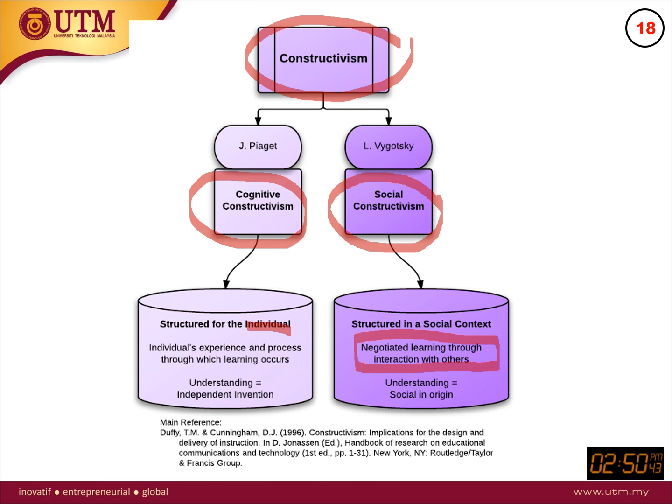Cognitive is all about the experience and process through which learning occurs, independent work. Social, on the other hand, is learning through interaction with others. As you can see here, this is interaction with others, while this one is independent work. So cognitive constructivism, independent work. Social constructivism, interaction with others.